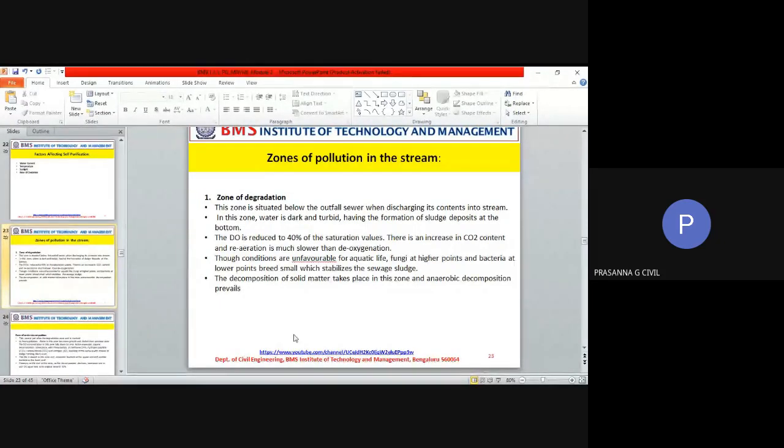Coming back to what we were looking at with respect to self-purification in streams, we have seen that any stream where a pollutant or a contaminant is added as liquid waste goes through 4 zones of purification.